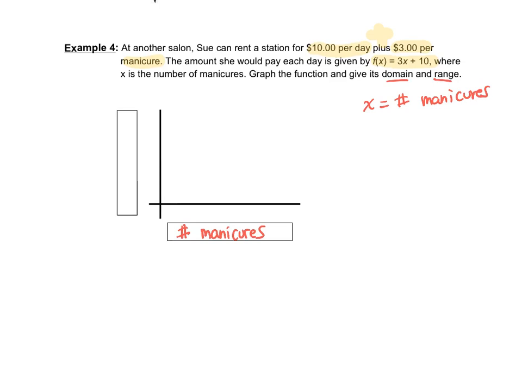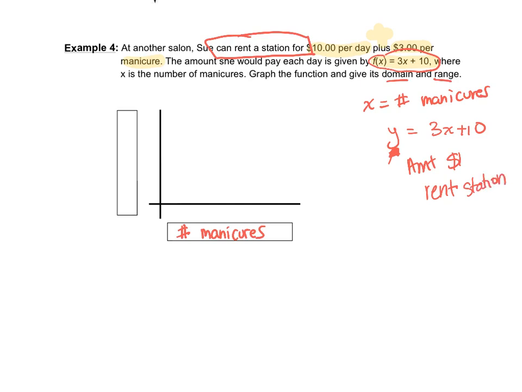If I have my equation f of x is equal to 3x plus 10, that's the same thing as y equals 3x plus 10, where the y is the amount of money that she has to pay to rent the station. So we're going to put rental payments on the y-axis.